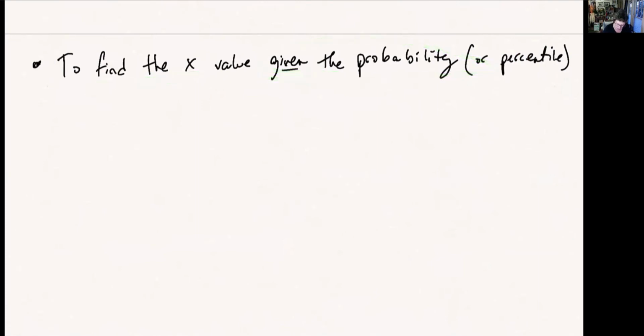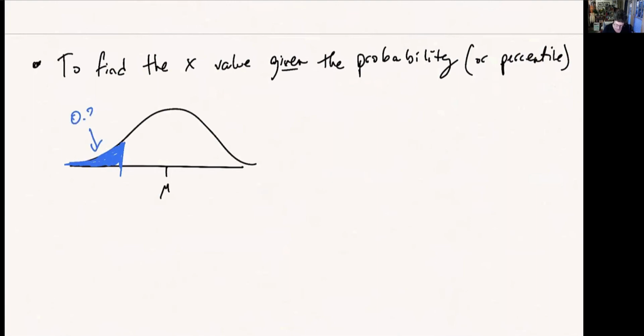So what that looks like is, let's suppose I have a normal curve here, and I've got my mean here, whatever value that mean is. And let's say I tell you that I want to find the value that goes with this area here, and this is 0.20, also known as the bottom 20%.